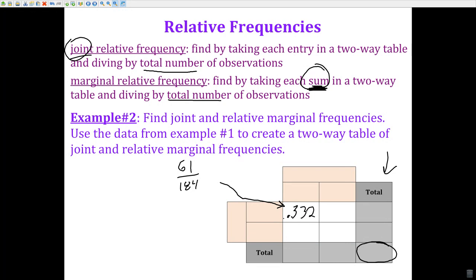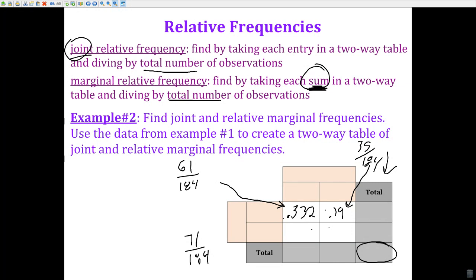All right. And for here, we had 35, and we're still going to divide by 184. Basically, at each one of these, you're just going to divide that number by 184 and get a decimal, or really it's a percentage, right? So this is 19. I'll keep writing them outside so you can see. 71 over 184 for the bottom left.